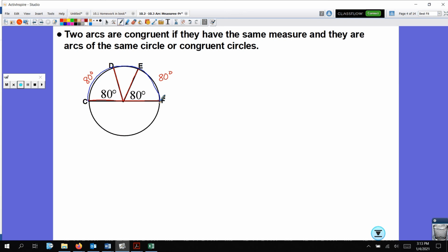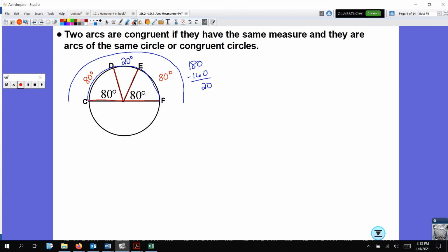Well, if I have 80 here and 80 there, and we know that this whole thing is 180, we can just subtract the two congruent arcs, because we know that they're equal to each other. So 180 minus 160 gives me 20. So that means this is 20 degrees here.